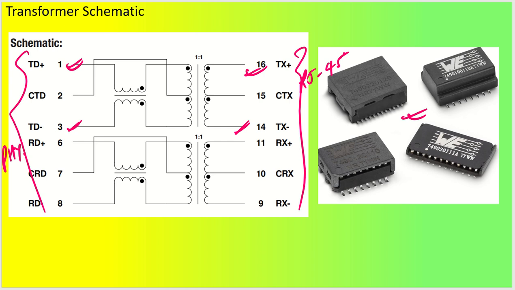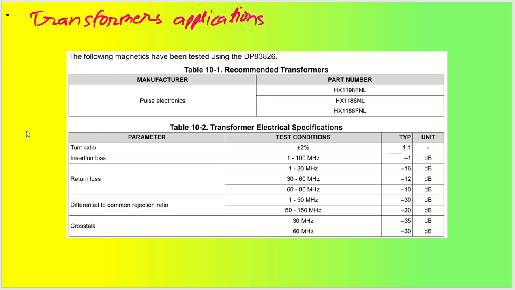Before that, let us understand some more parameters that are utilized. For transformer applications, we have transformers from Pulse Electronics that were suggested by the IC manufacturer, Texas Instruments. These are the part numbers you can utilize, and they have already been tested with this IC.